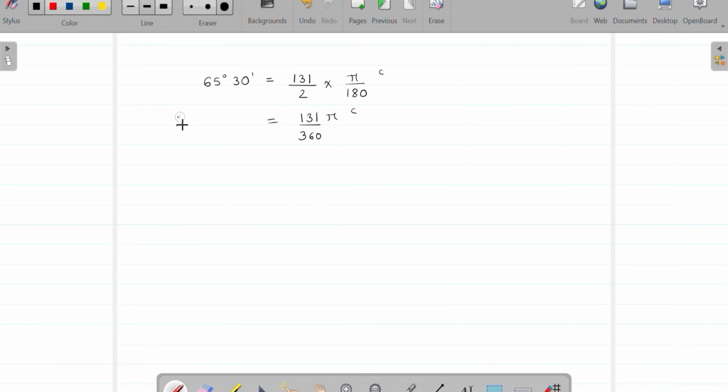And therefore 65 degree 30 minutes, which is equals to 131 pi upon 360 radian.